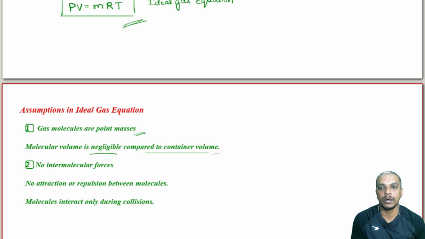This is very important because while talking about real gas, we talk about why the correction is made. We have also neglected intermolecular forces of attraction and repulsion, so molecules interact only during collision.